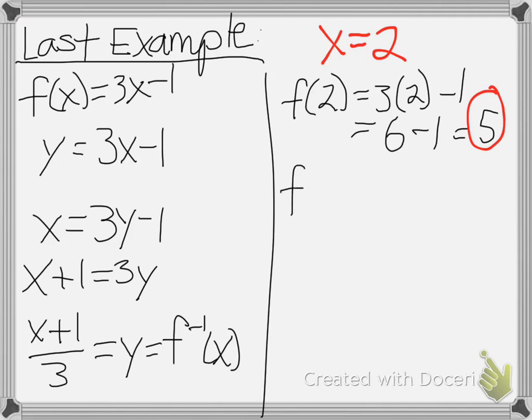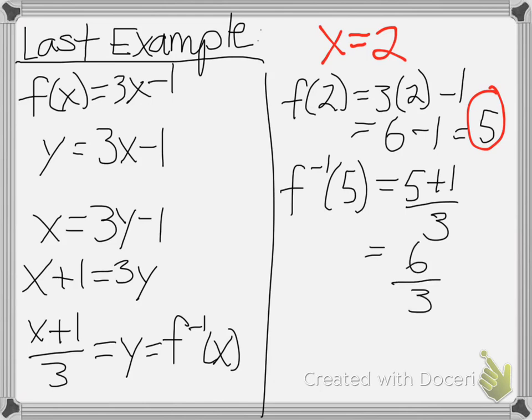So then we're going to have f inverse of 5 equal to 5 plus 1 over 3. And we'll get 6 divided by 3, which is equal to 2. And that's the same as our original x value.